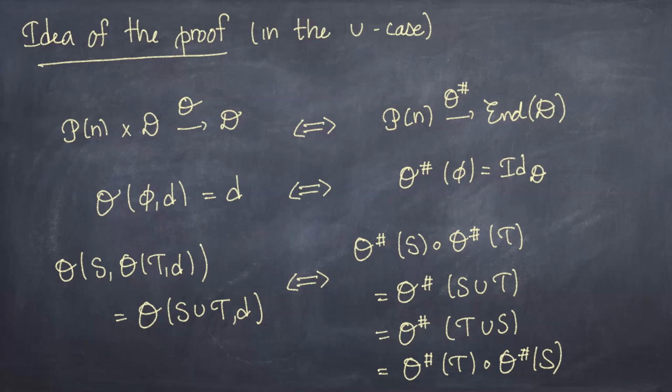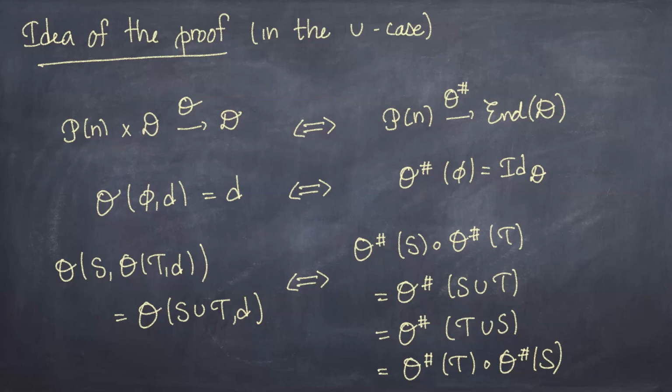And so we get in the end that theta sharp of S and theta sharp of T should commute. And what we can deduce from this is, in fact, that this functor theta sharp is going to be completely determined by its values on the singletons. And that's what's giving us, in fact, these different localizations.